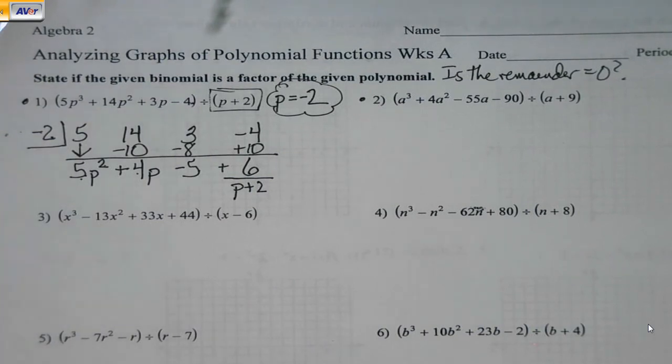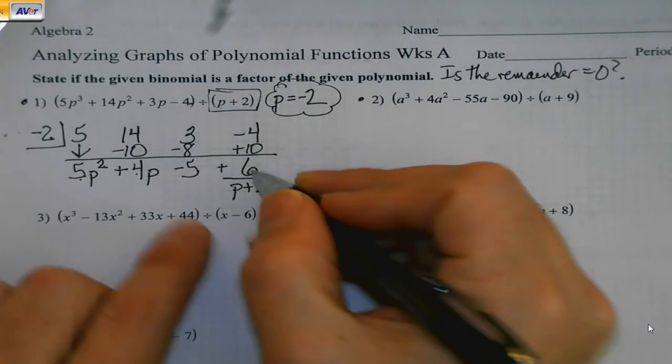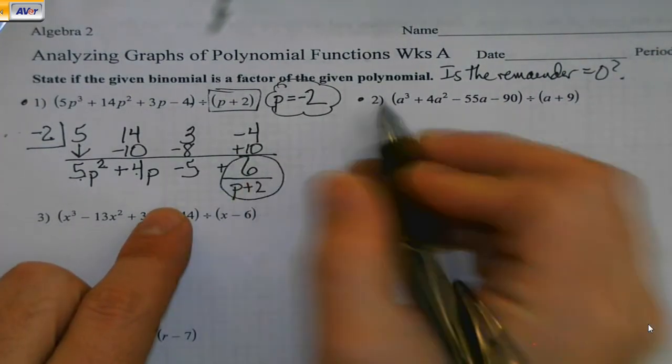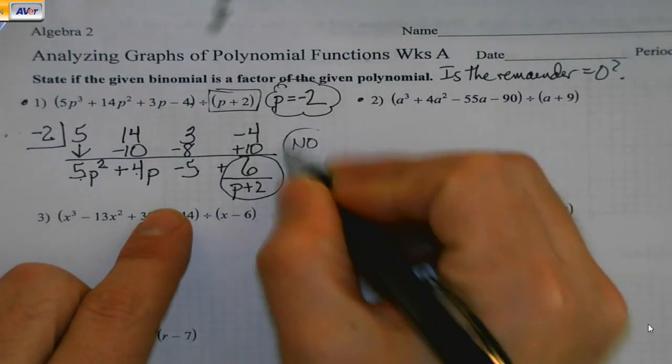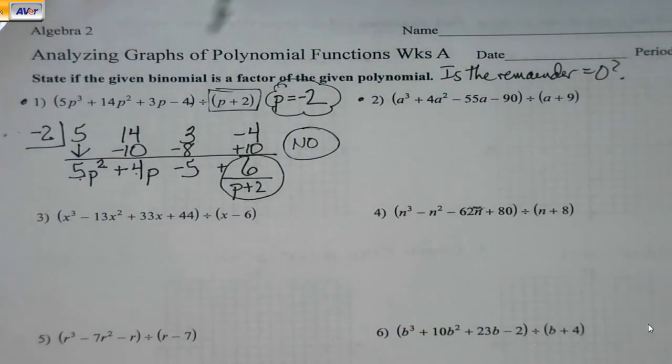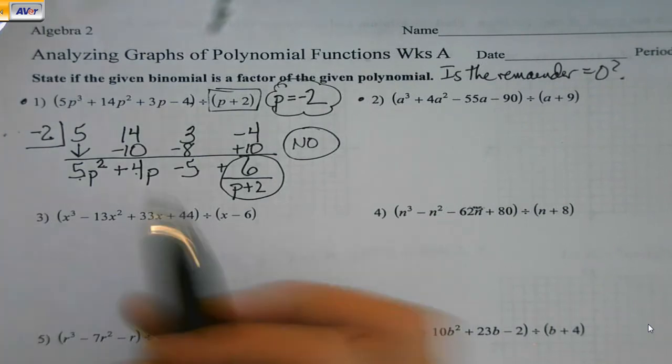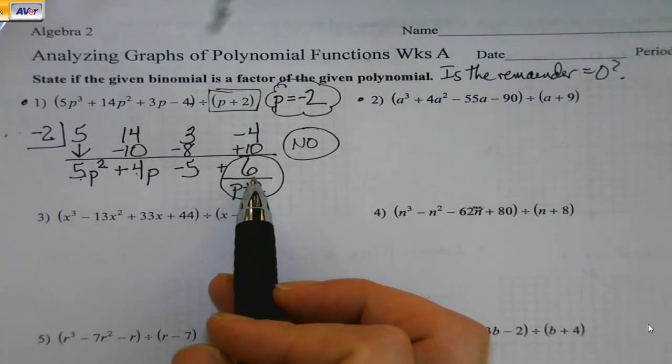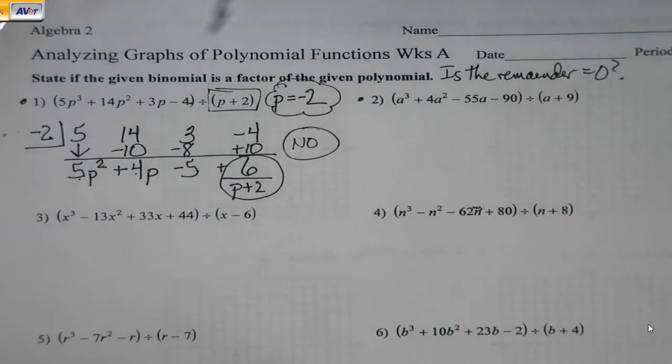So in this case, that is going to tell me that p plus 2 is not a factor. Anything besides 0, the answer is no. I still rewrite it, I still show my remainder, and that's my reasoning for why it doesn't work.